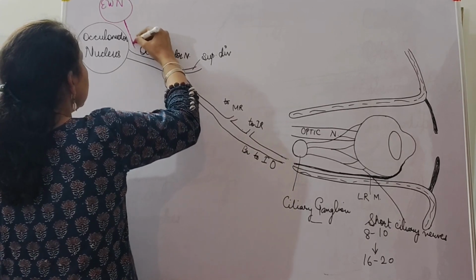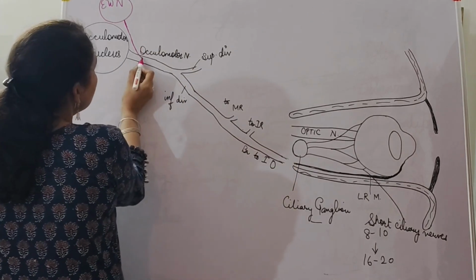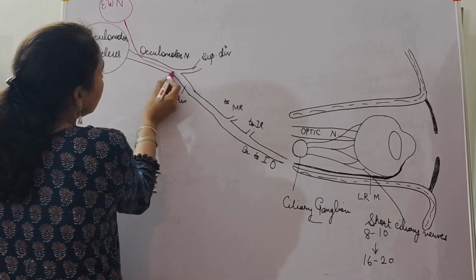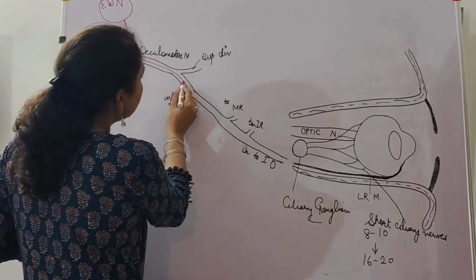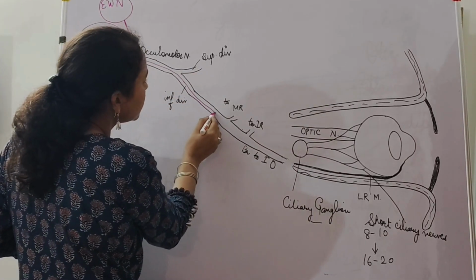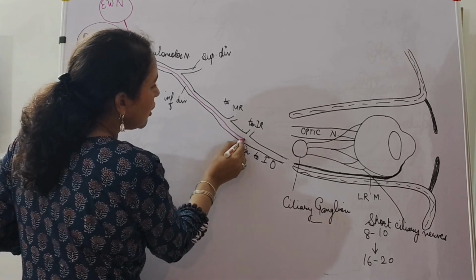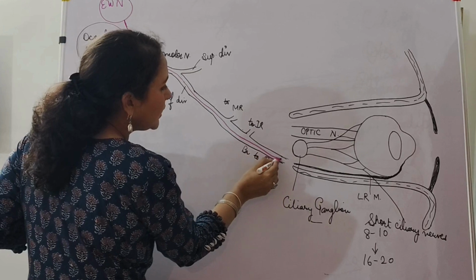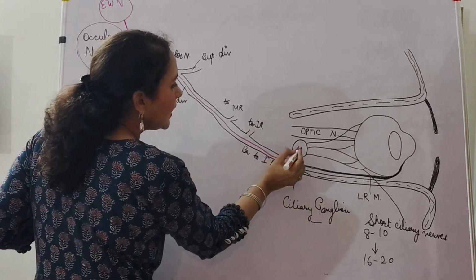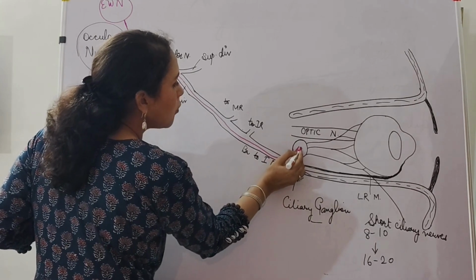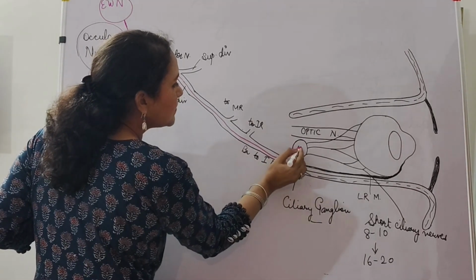They will join the oculomotor nerve and they will not follow the superior division. They will go along the inferior division and then along the branch to inferior oblique. Leave this branch, relay in this ganglion. So this is how you show the synapse.